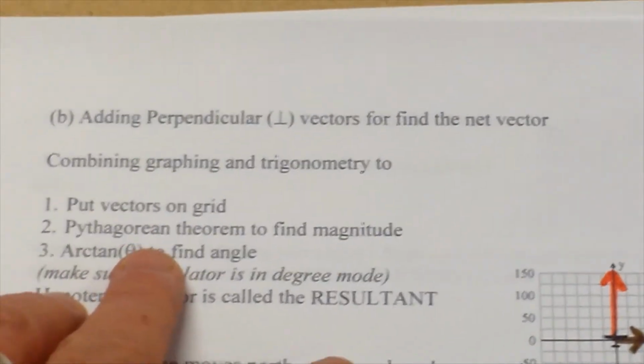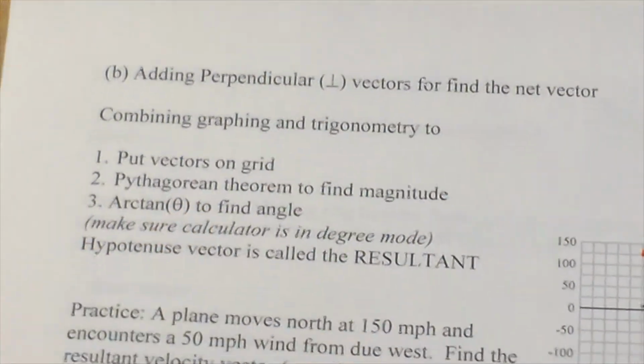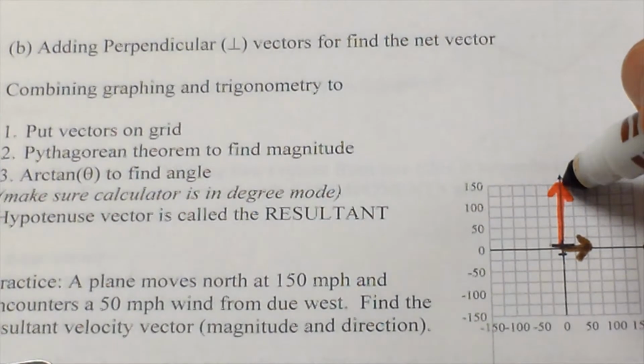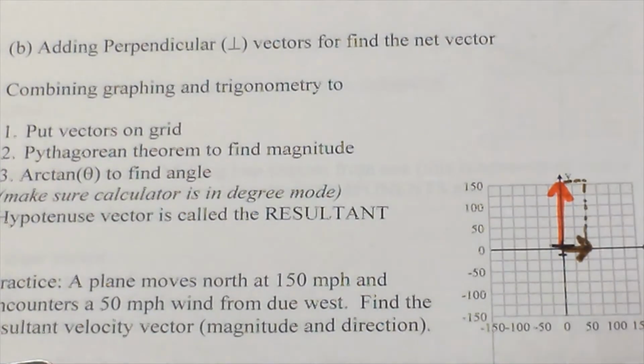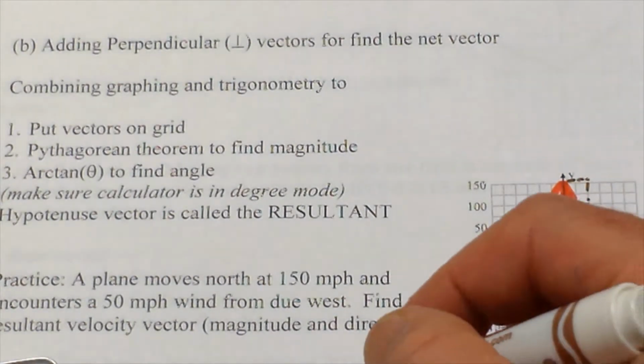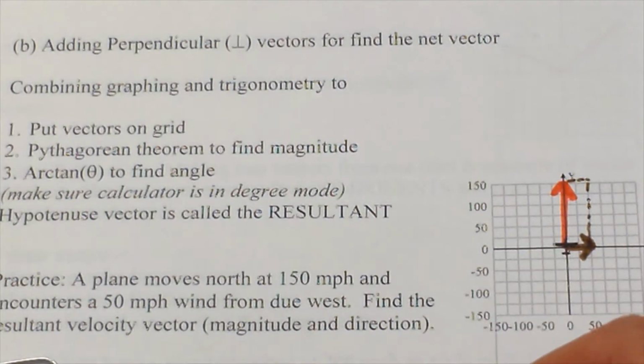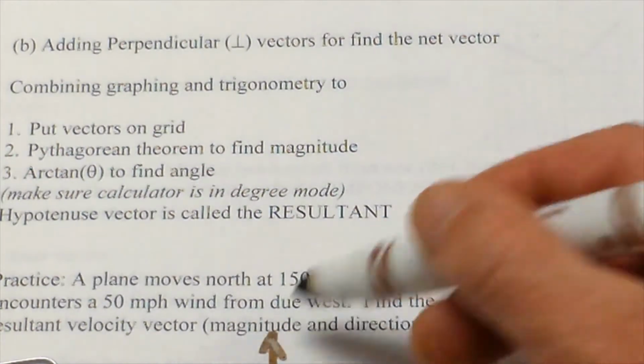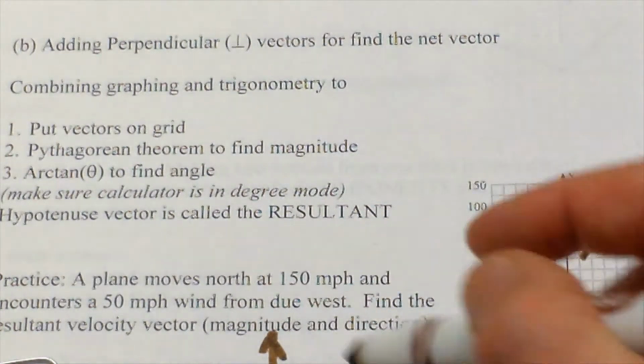So here's what we do. We put the vectors on the grid, and then we can make a box here. Do you see? We've made this little rectangle. And just to give me a little bit more room to work, let me take these and put it down here.